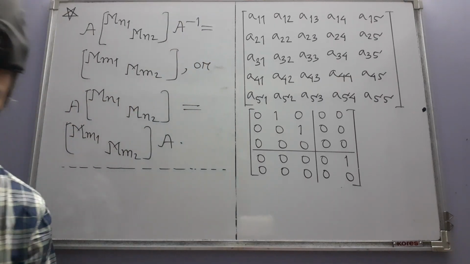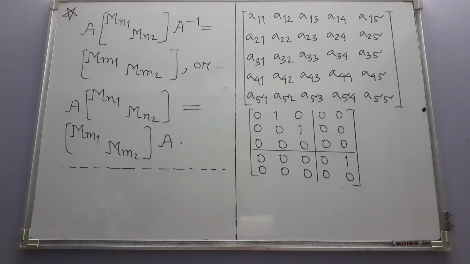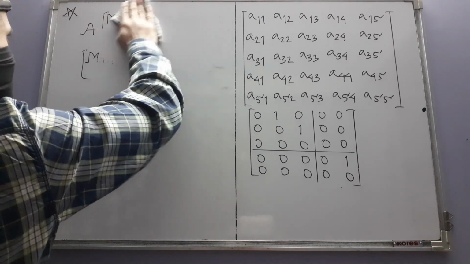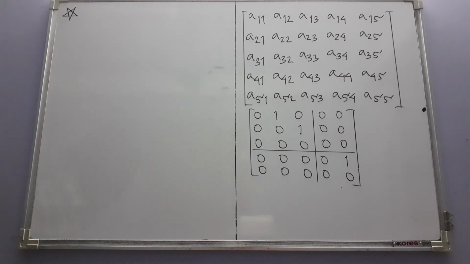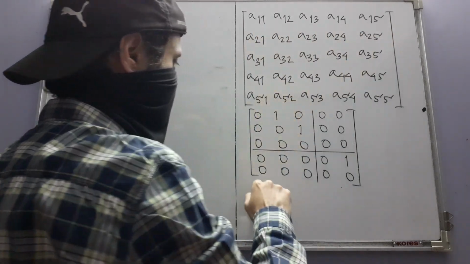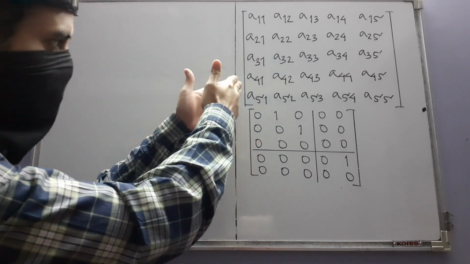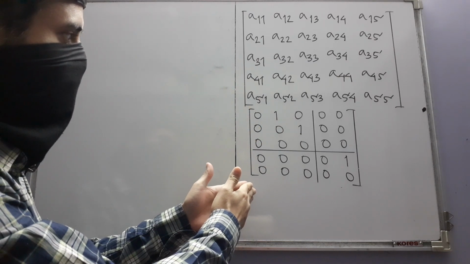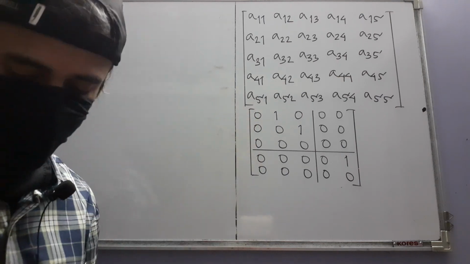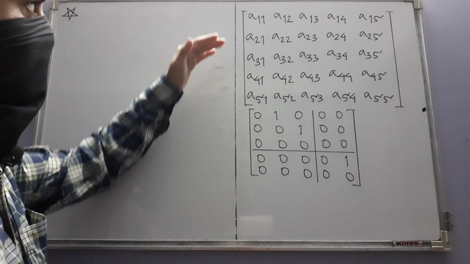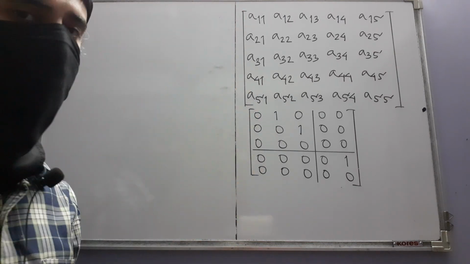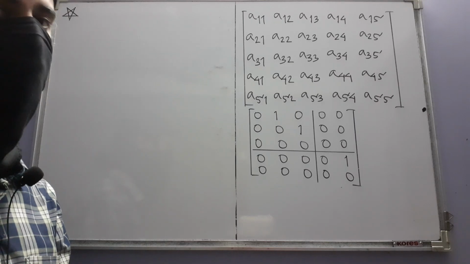So this is going to be of course our usual rule, first row times first column. Now any row times first column is going to give you what? 0, because the first column is a 0 column, and that is just the first column of the product matrix. So the first column is going to be 0.